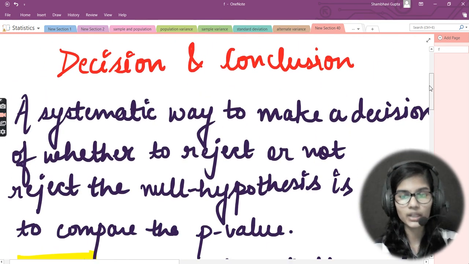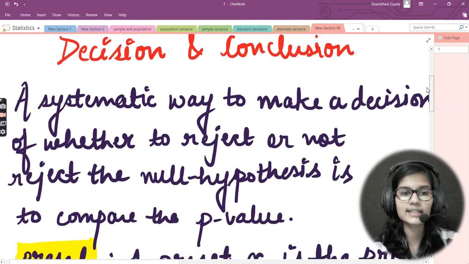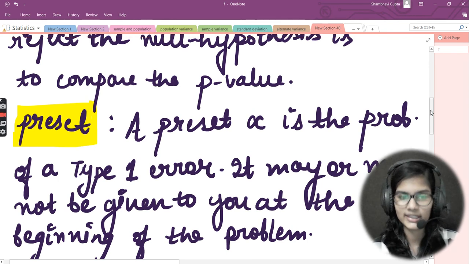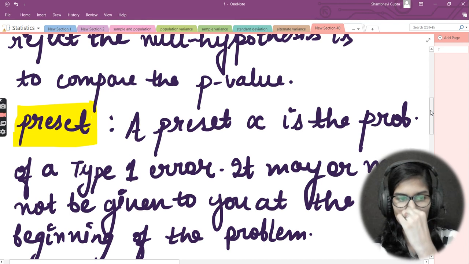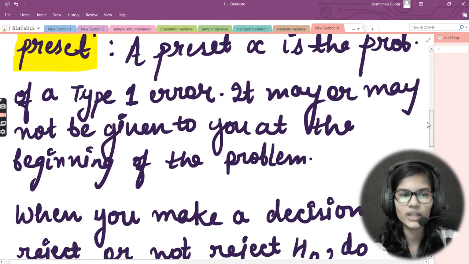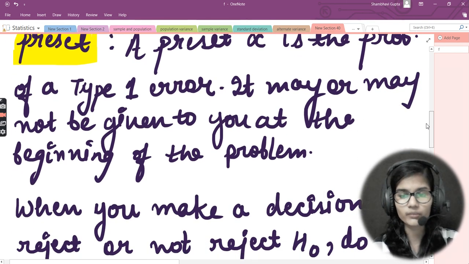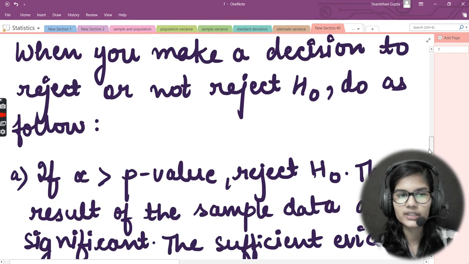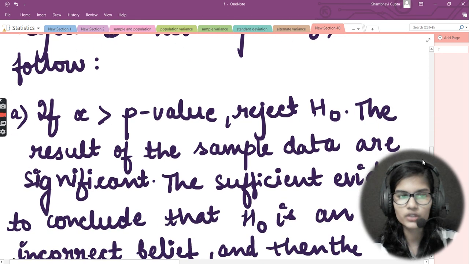So this is the whole of decision and conclusion. A systematic way to decide whether to reject or not reject a null hypothesis is to compare the p-value with the preset alpha, which is the probability of a type 1 error. It may or may not be given to you at the beginning of the problem. When you decide to reject or not reject H naught, do as follows.